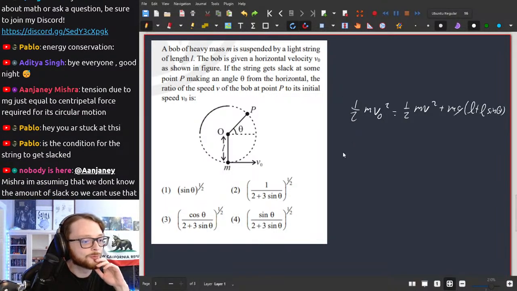I don't know what the condition for the string to become slack is. That's my issue. Hey, color cone.